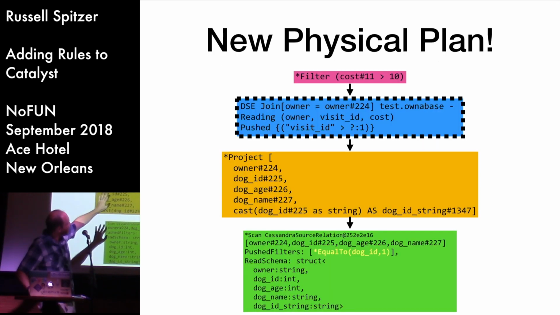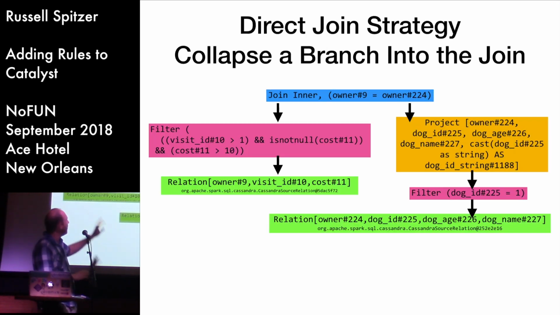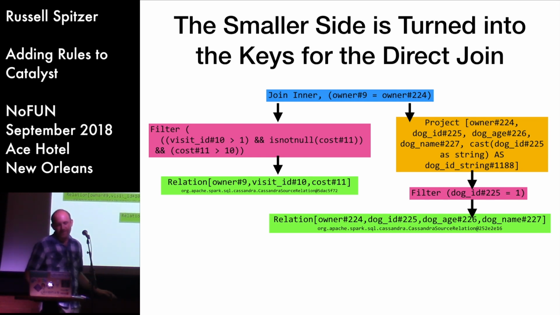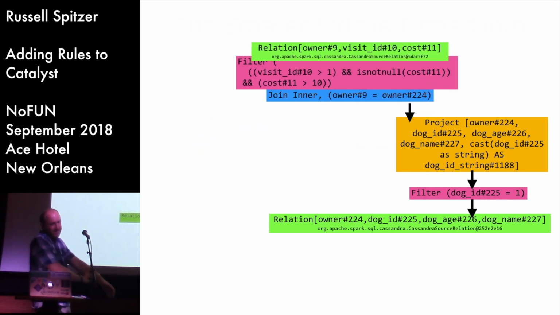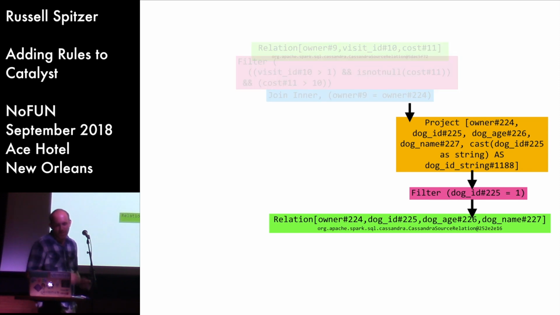Up at the top we have that blue node, and basically it contains all the information from one side of this tree. That's the side that we're looking at. So we take that side of the tree, we gather it all together, and once we've gathered it all together, we need to combine all of this information into our new node. So I've written a strategy that looks up branches like that that are children of joins, takes all of that information and makes it into a brand new node.